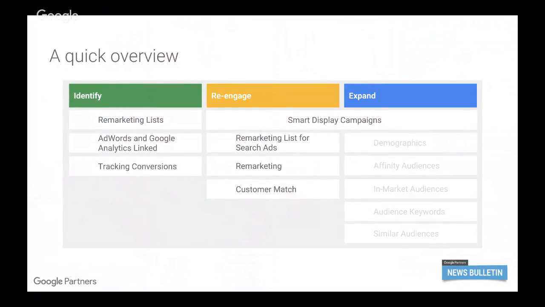Exactly. Then looking at an overview of tools you can use to build the identification and re-engaging part of the strategy. When it comes to identifying within the AdWords sphere, a very important feature is going to be your remarketing list, your audience list, your audience manager, be it through Google AdWords or Google Analytics.